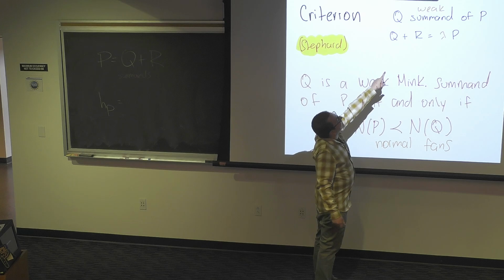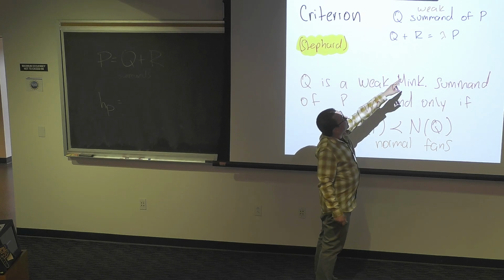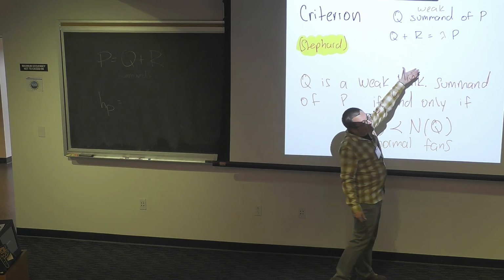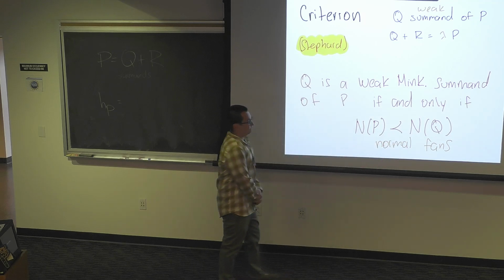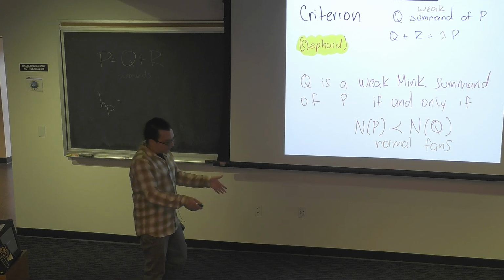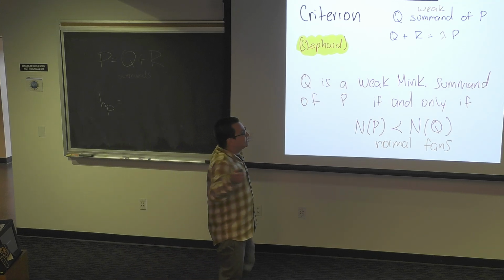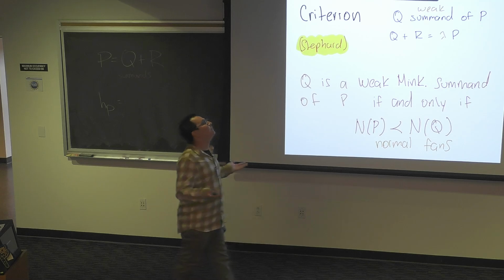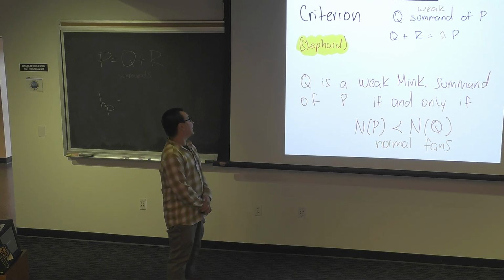So we define a weak summand: Q is a weak summand of P if not Q plus R is equal to P, but maybe a dilation of P. Okay, this gives me more flexibility. I don't fix P, but I give some room for dilation by a positive real scalar.